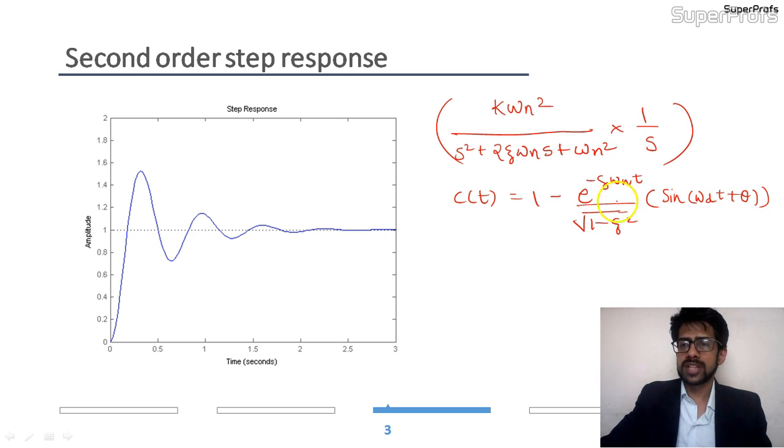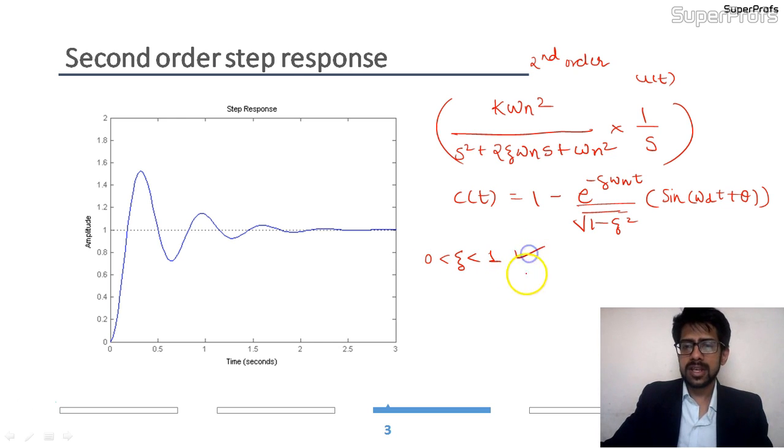So this is the response that we get if you solve this second order system. Plotting this curve with respect to t would give you a graph something like this, wherein zeta is between 0 to 1.